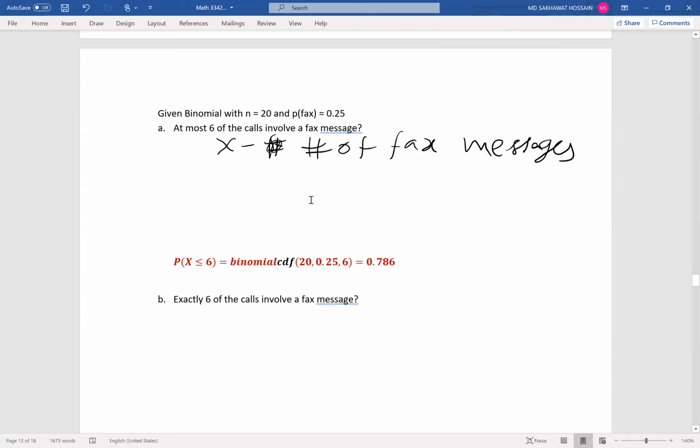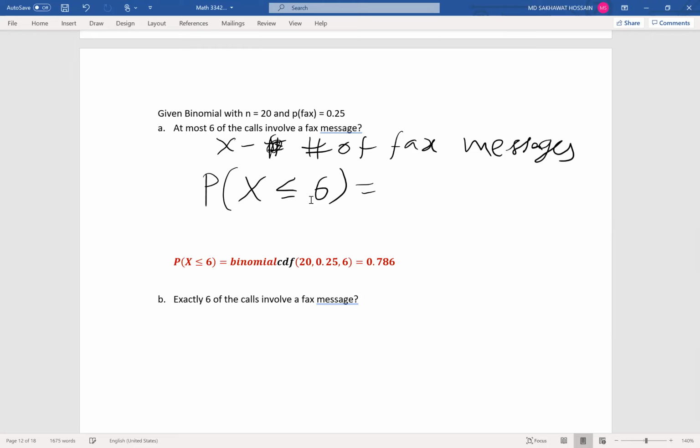So we have to find the probability that X is at most 6. The maximum number of successes is 6, so we are looking for the probability that X is less than or equal to 6.